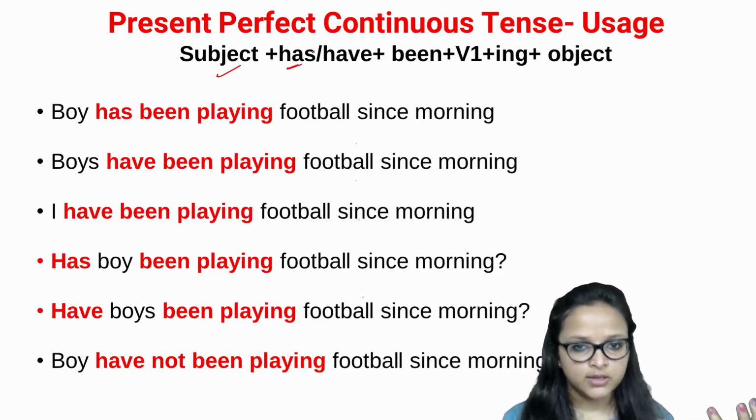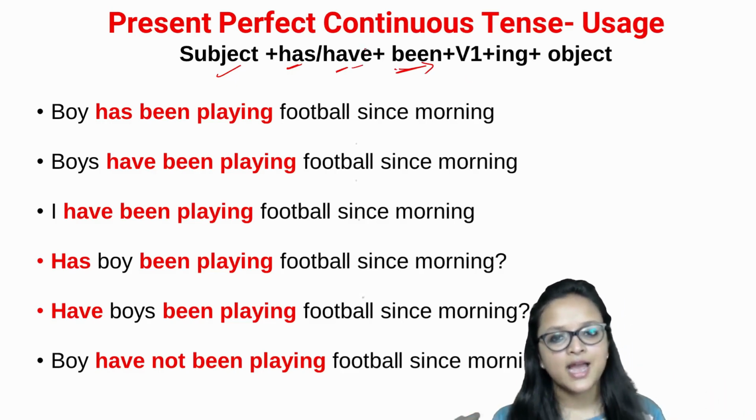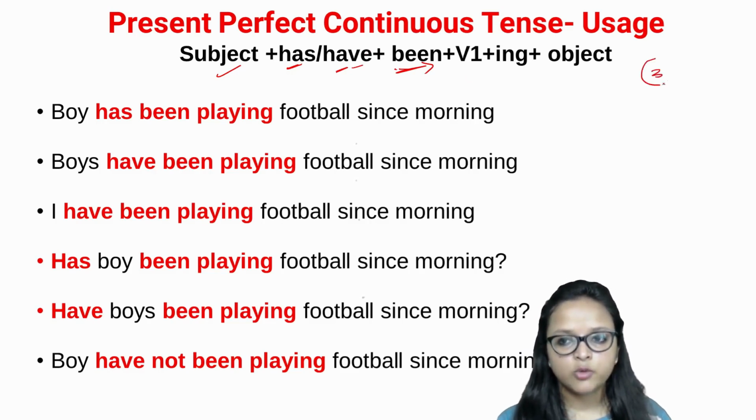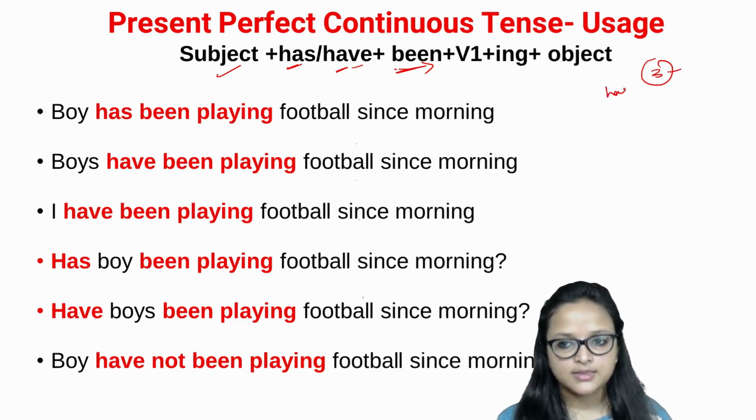Has with singular, have with plural. Then you need been. Been, because we are using have or has in the sentence. And with every has and have, you need a third form of verb, past participle form of verb. Has been, have been. Okay?